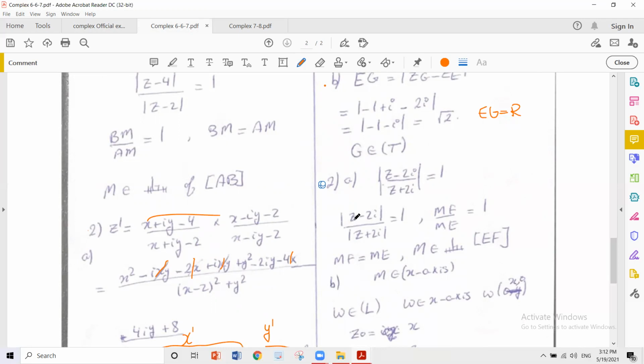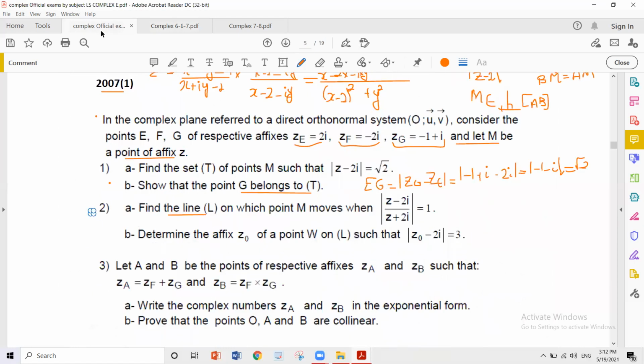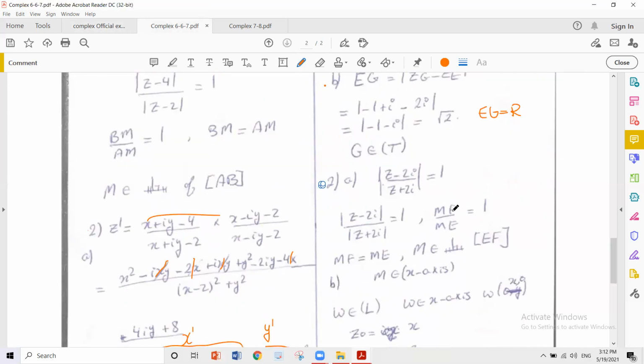So ZM minus ZE is ME, over ZM minus ZF. This one is E and this one is F. So ME over MF equals 1. M belongs to the perpendicular bisector of EF.